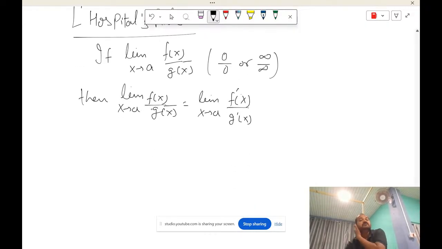It means this limit value will be equal to the differentiation of the numerator and denominator separately.